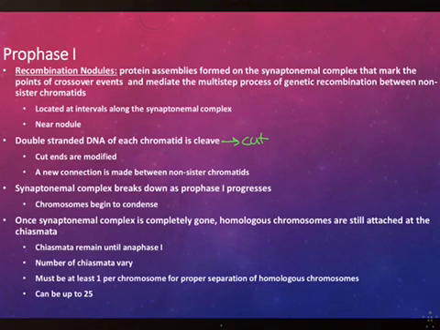The chiasmata is where the crossing over events are going to happen. The number of chiasmata on a homologous pair can vary. There has to be at least one per chromosome in order for proper separation of the homologous chromosomes, but there can be as many as 25 in a single chromosome.